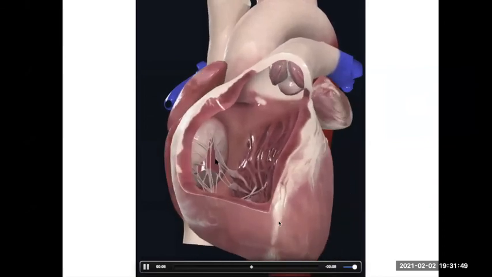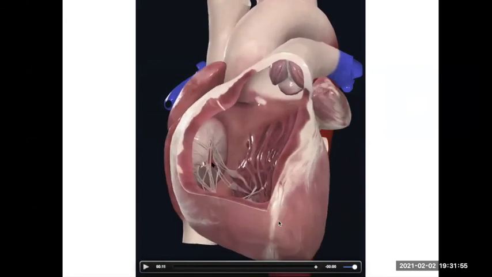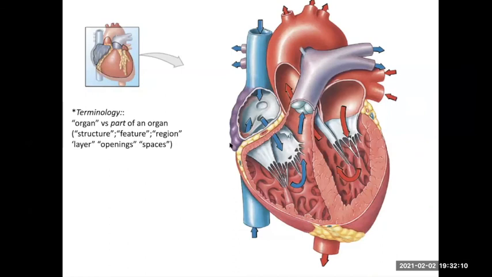But you'll notice in this picture, it's not just cardiac muscle tissue here. You have all these other types of structures like these valves, these other structures right here, other types of tissue combining to make the heart, right? So when we talk about organs, I'll often have you label or identify parts of an organ, right?